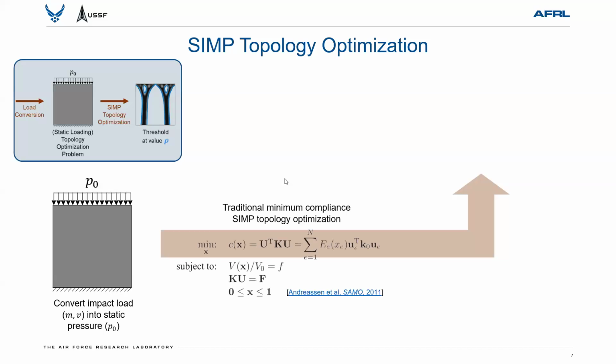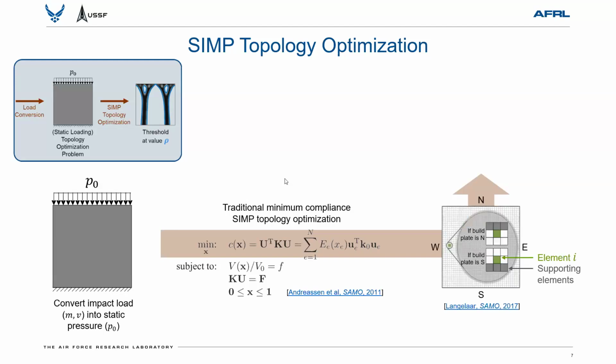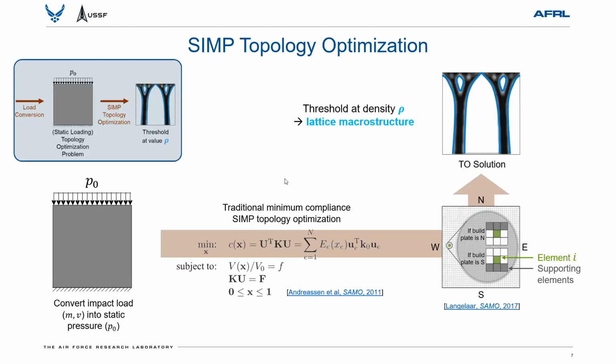That enables us then to run traditional density-based topology optimization, SIMP. So we just use the 99-line code for that. And then we can filter against overhangs, targeting an additive process, using Langelaar's overhang filter. That gives us a density field.